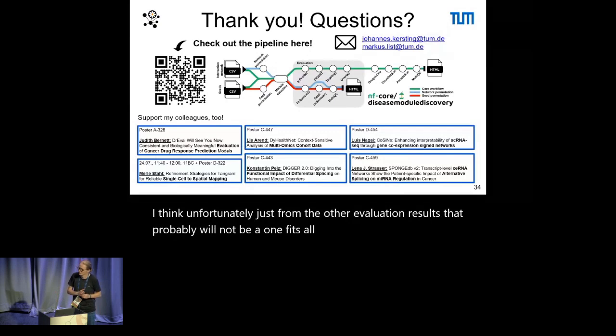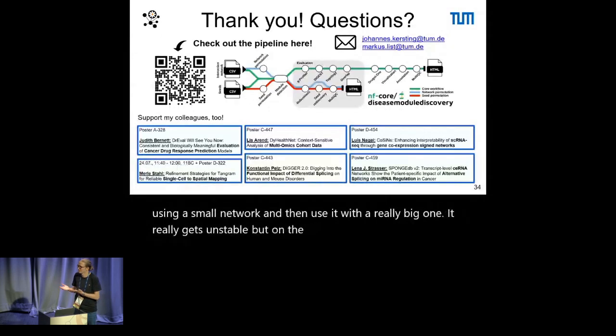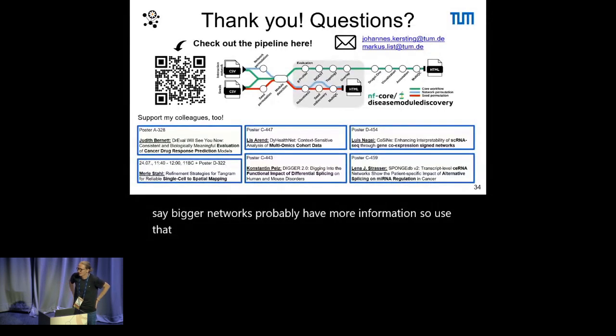Domino, for example, was demonstrated using a small network, and when you use it with a really big one, it really gets unstable. But on the other hand, I would generally say bigger networks probably have more information, so use that if it's available, but it also depends on the algorithm.